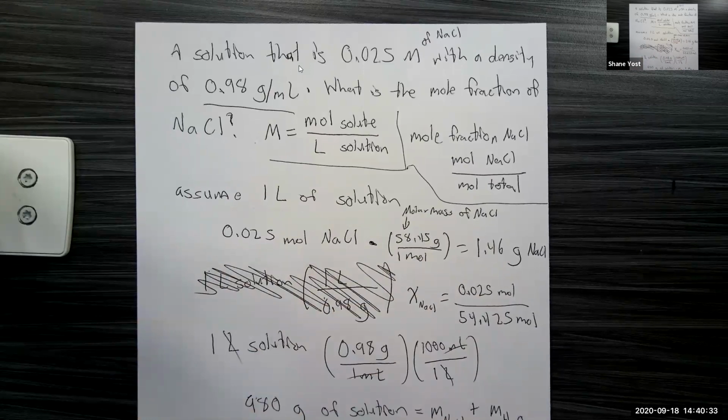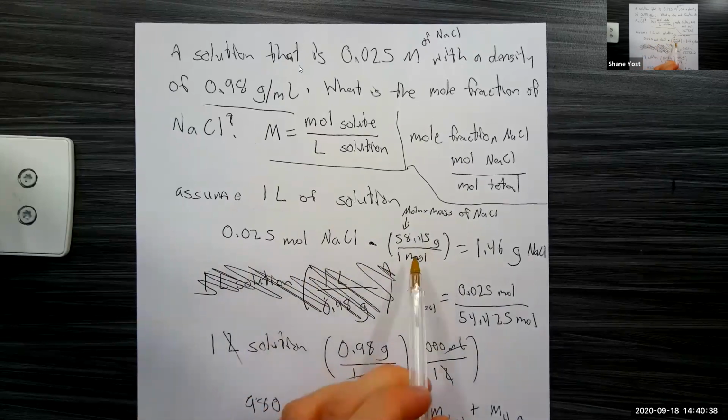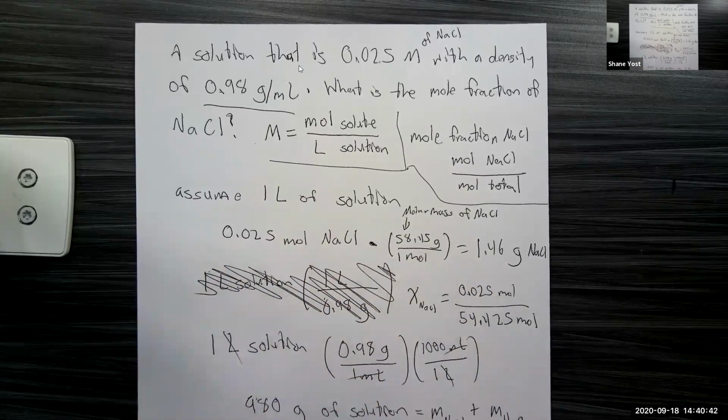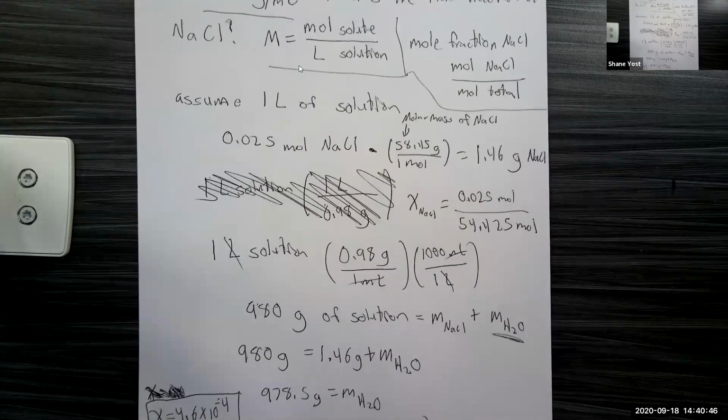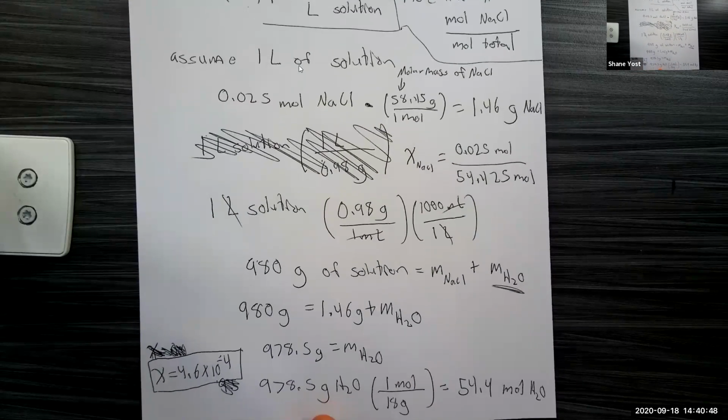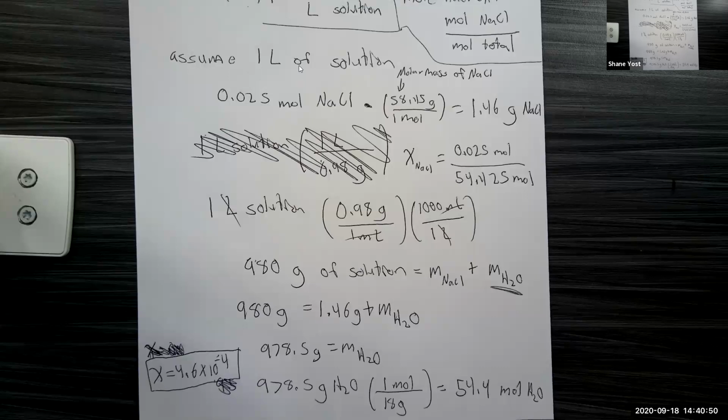I took my moles of sodium chloride and I multiplied it by the molar mass to get the grams. So that's where I did that and why I did that. I apologize, I wasn't very clear. But I multiplied the moles of sodium chloride, which is 0.025, by that molar mass of 58.45 to get the 1.46 grams.